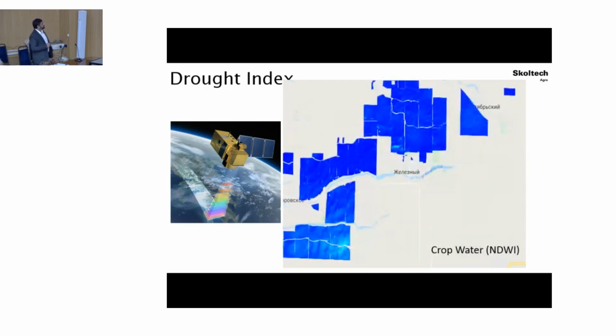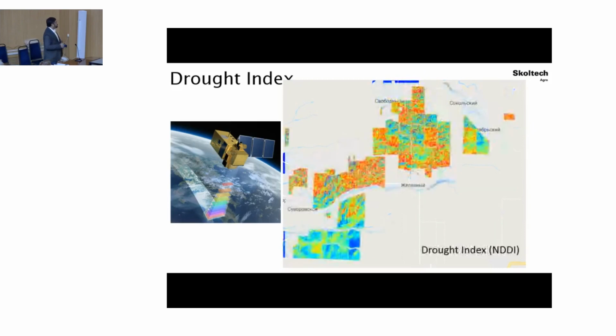We also can extract how much water is in the crop, which is a better indication than NDVI because NDVI is showing what has already happened, but the water availability shows you what can happen in the near future. We put them together to create what is called a normalized difference drought index for the region.